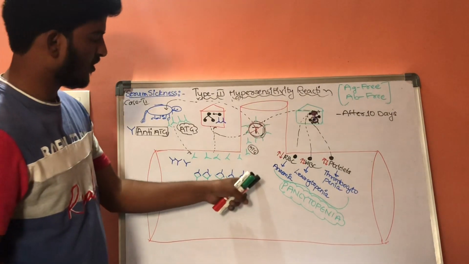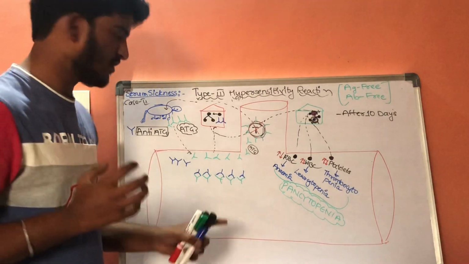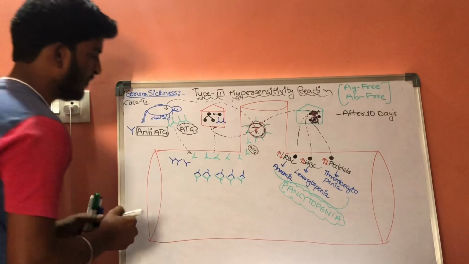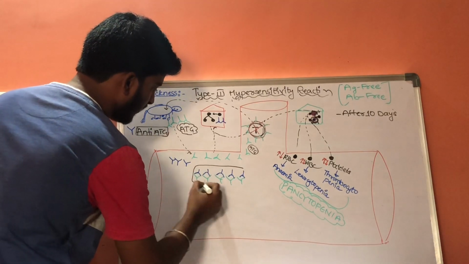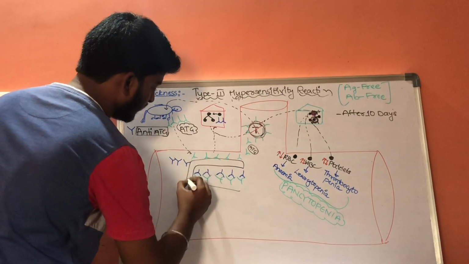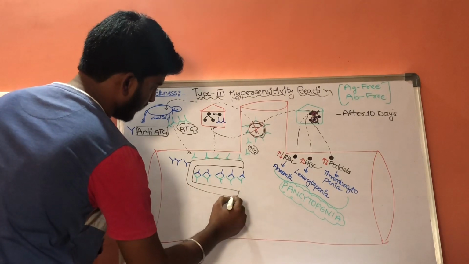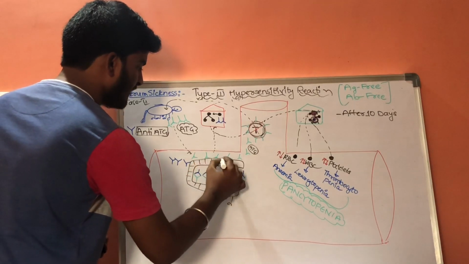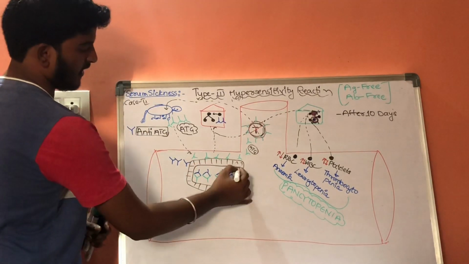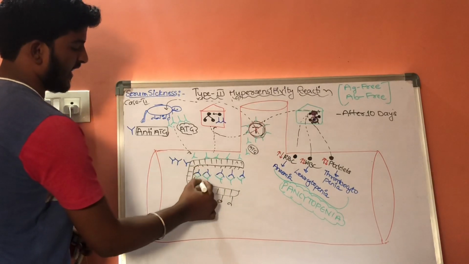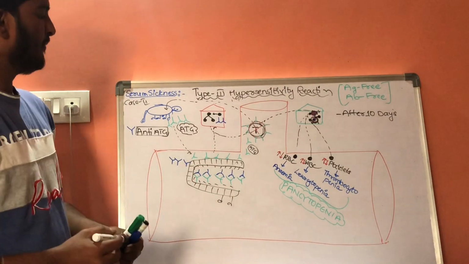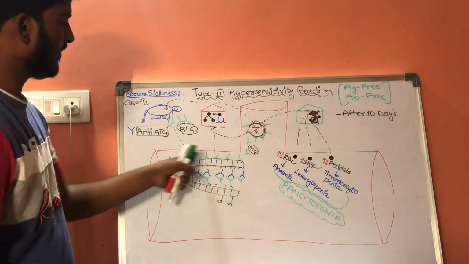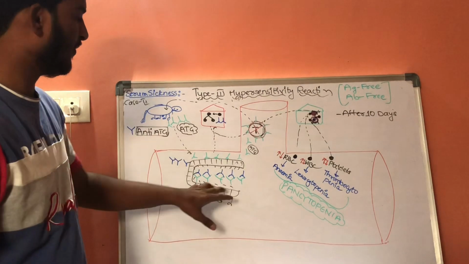Whenever these immune complexes are formed, it gives signals to the neutrophils. Neutrophils will come to this area, and with the help of protein kinase, it will digest these immune complexes. This is the treatment for these immune complexes with the help of neutrophils.